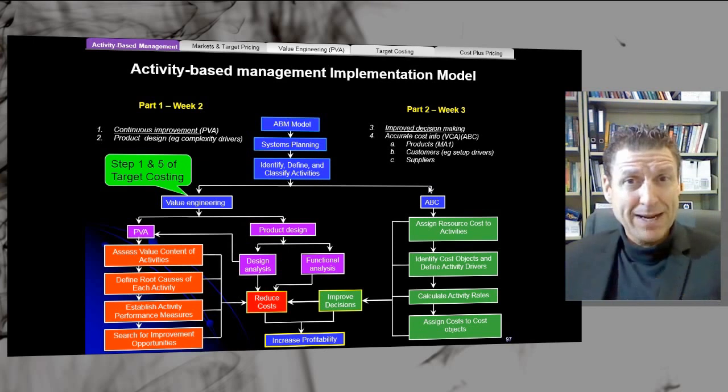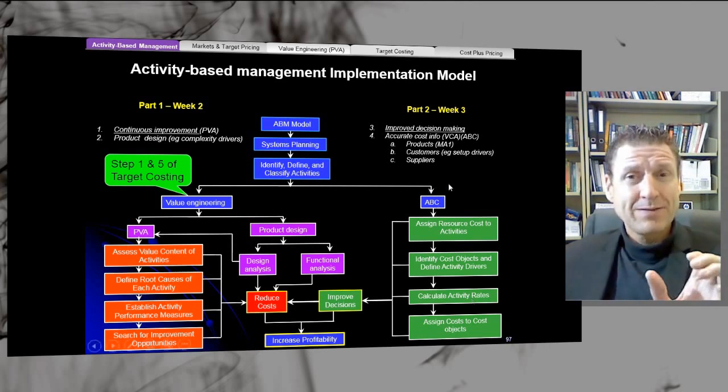And we can expand that to working out which of our customers are profitable, which ones are not profitable, which of our suppliers are profitable, which of our suppliers are not profitable. You get the idea, right? So activity-based costing helps us to allocate most of the relevant costs, if not all of them, to alternatives in a decision point, in a relevant decision point.